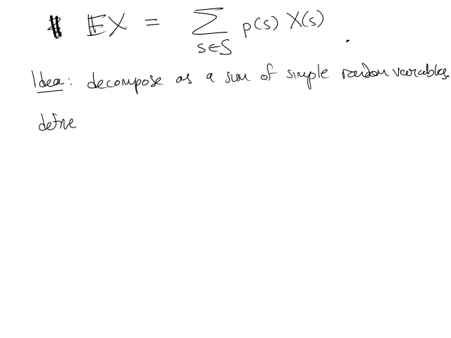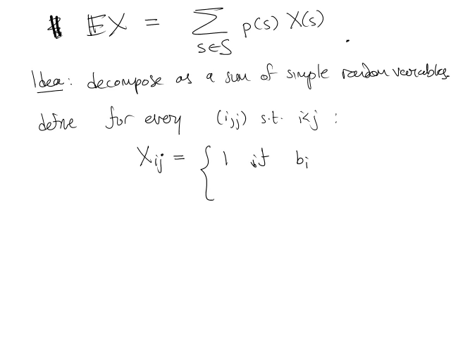Define, for every pair ij such that i is less than j, a random variable xij, which is going to be 1 if bi equals bj, if they have the same birthday, and 0 otherwise.